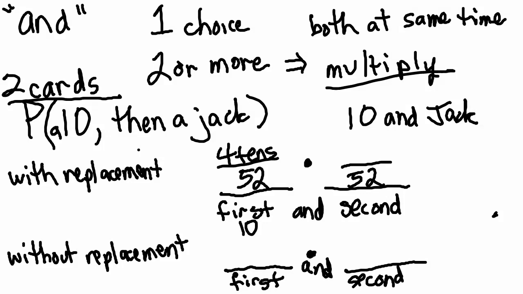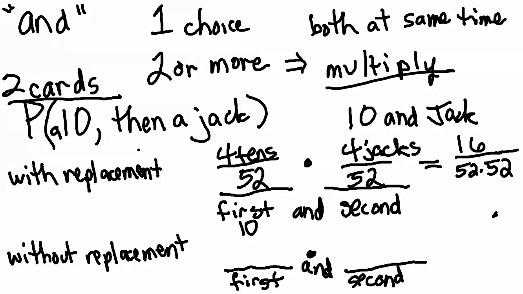But now I want a jack, and there's still 4 jacks in the deck. So it'll be 4 jacks still out of 52 cards. So this will be 16 over 52 times 52. I'm not going to reduce that because we're just talking about how to get there.